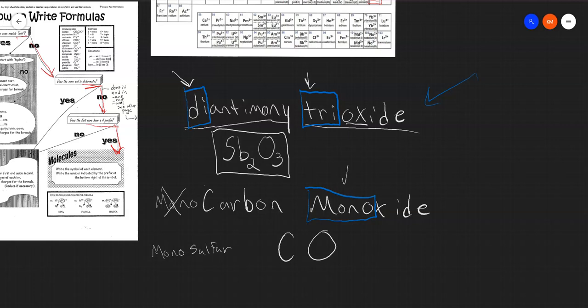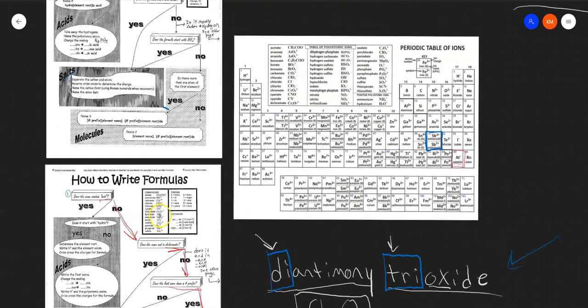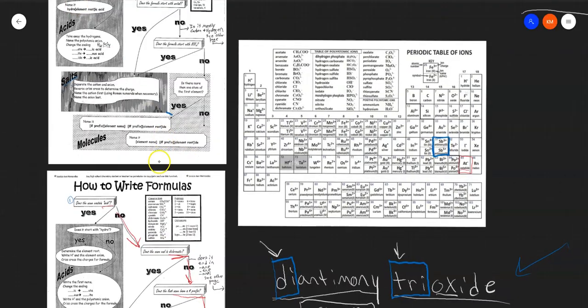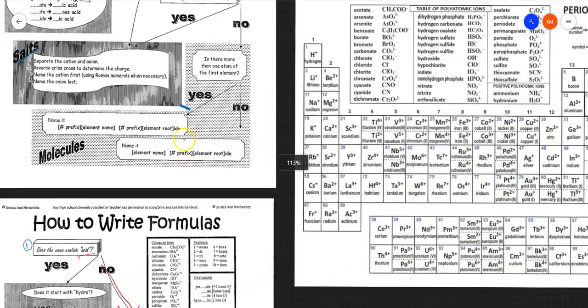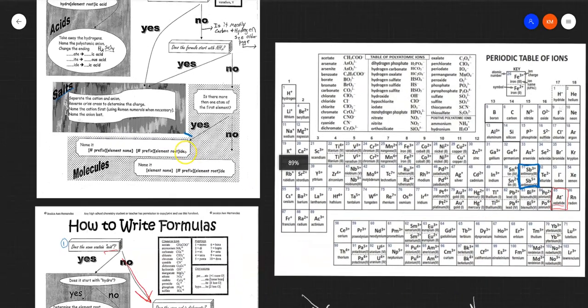We do on the second one. We just use the element name. Like I said, there's a lot of rules to naming things. But just remember, do not use mono in the first term. And if we look up here, oh, it doesn't say that, and I didn't cover that in the other video. I'll make sure I say it in class.